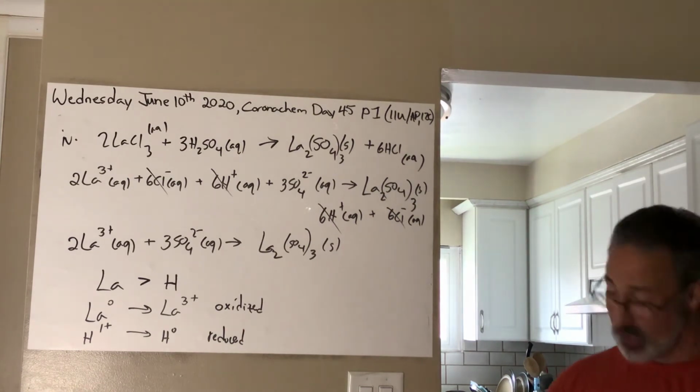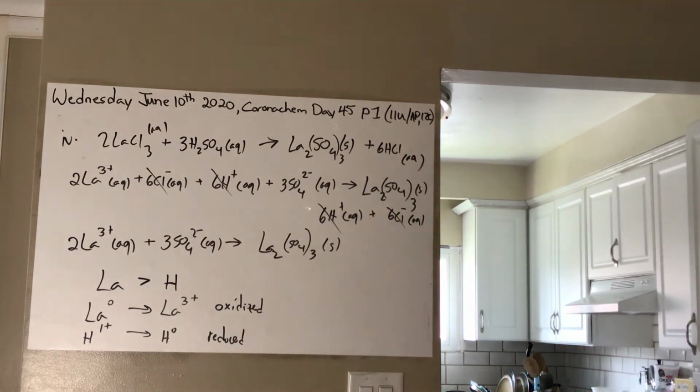The next question we had to do was number 104. It says a solid sample of zinc hydroxide is added to 0.4 liters of 0.5 molar aqueous hydrobromic acid. The solution that remains is still acidic. It is then titrated with 0.5 molar sodium hydroxide solution.